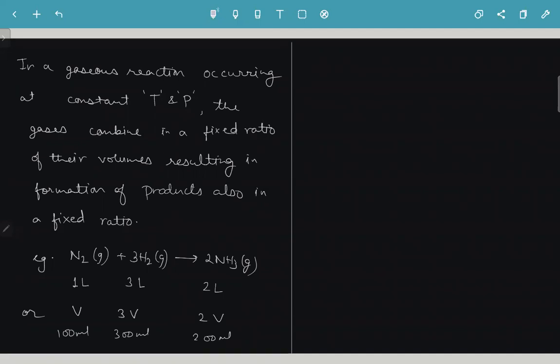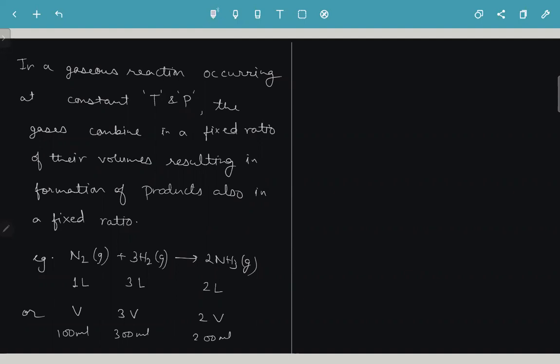इसलिए इस example में, ammonia वाले example में, ठीक है, the volume of reactants is higher than the volume of products. If you look at the first example, 1 liter nitrogen and 3 liter hydrogen, a total of 4 liters. When reaction is completed, we get only 2 liters of ammonia. Okay.